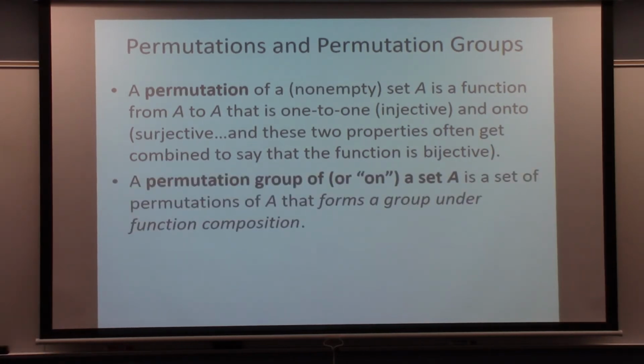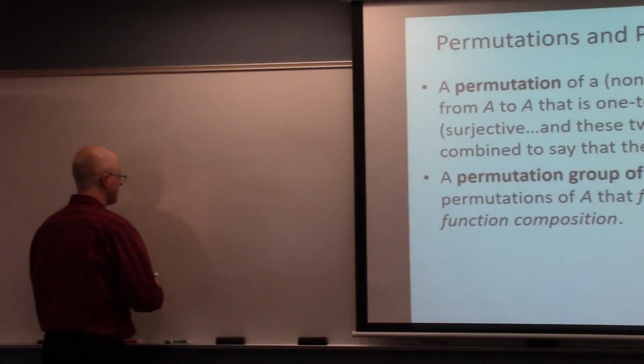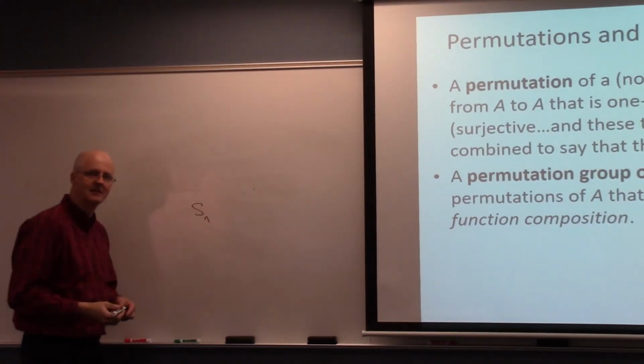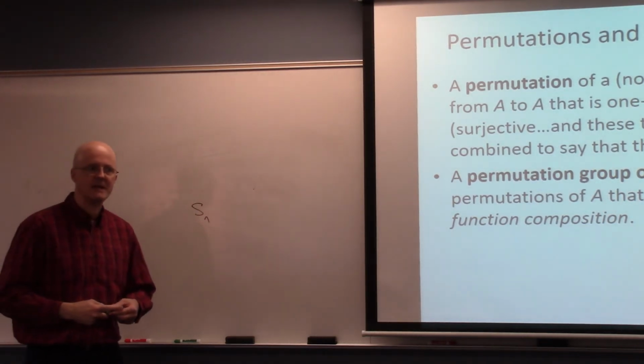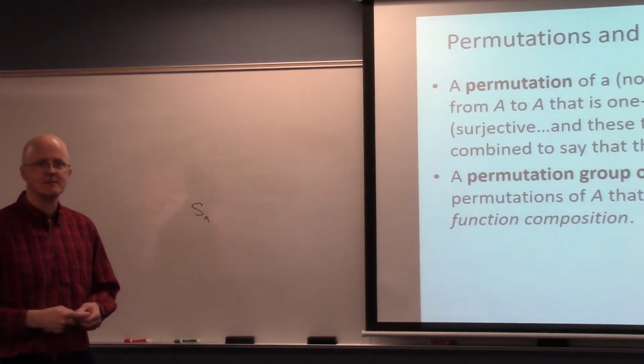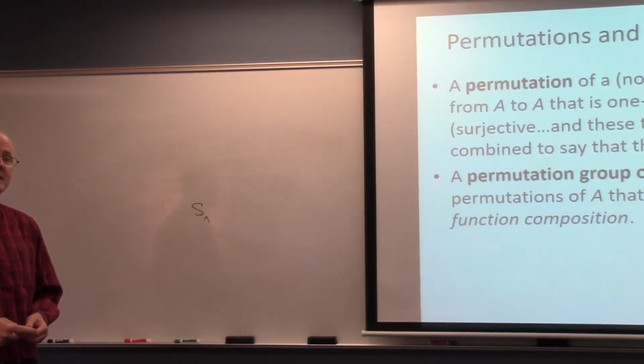A permutation group of a set, or on a set, is just a set of permutations on A that forms a group under function composition. It doesn't have to be the symmetric group, Sn. It could be some subgroup of that, for example, that we're talking about when we talk about a permutation group.